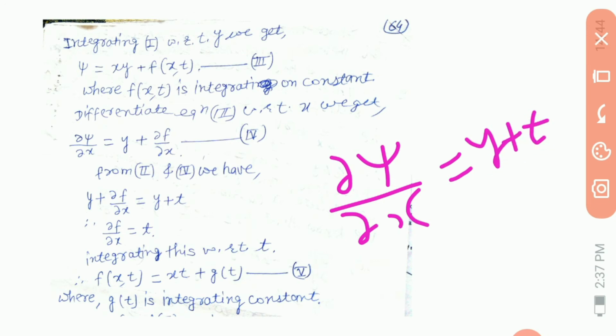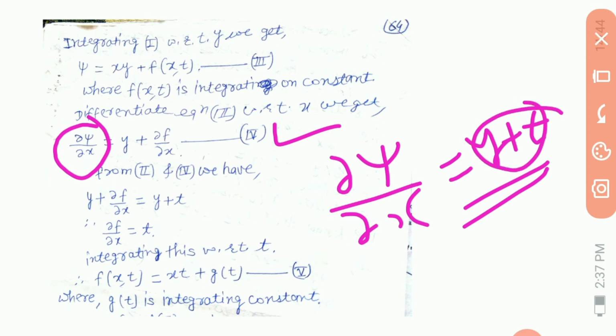So we put this value in this equation 4. In place of dou psi by dou x, we have y plus t, and y plus dou f by dou x as it is here. So then this y will be cancelled and we get dou f by dou x is equal to t.